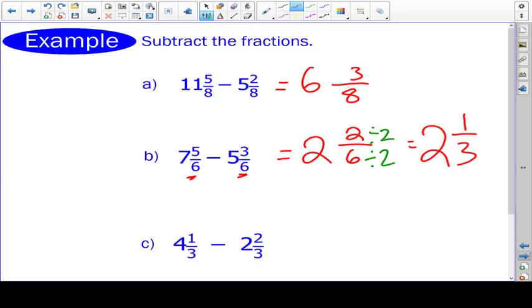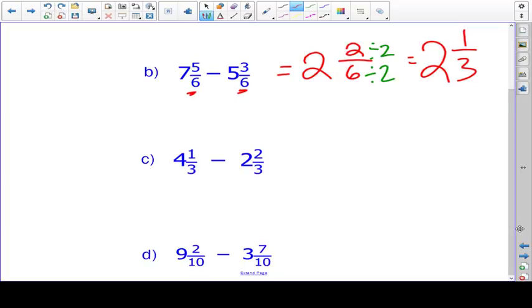Let's do another question. 4 1/3 minus 2 2/3. So I've got 1/3, and I'm taking away 2/3. If I try and take 2/3 or 2 away from 1, I can't do it. So what I have to do is I have to borrow. This number here isn't big enough, so I have to borrow. How do I do that? Well, I have to take 1 away from 4, and that gives me 3.